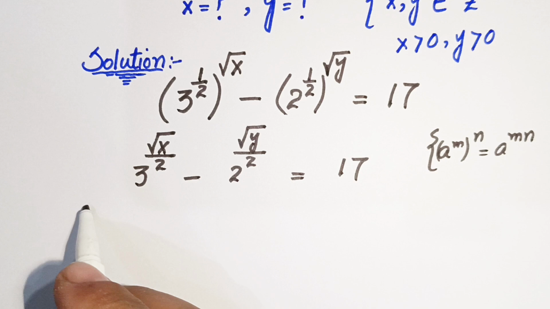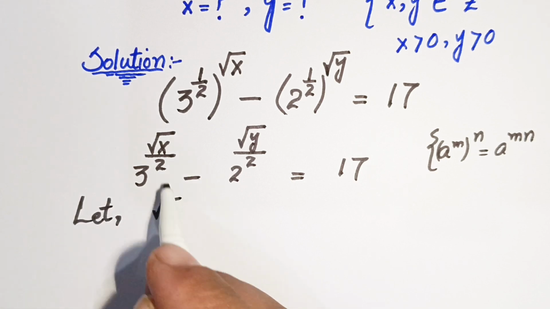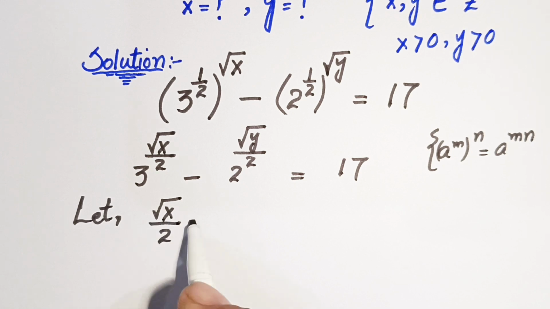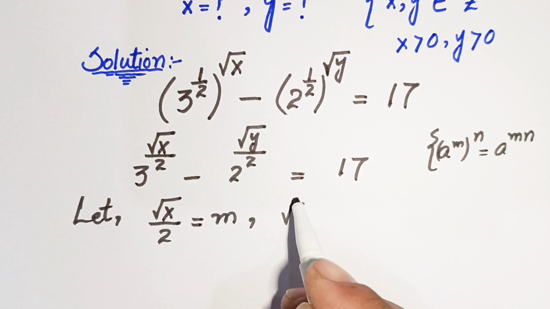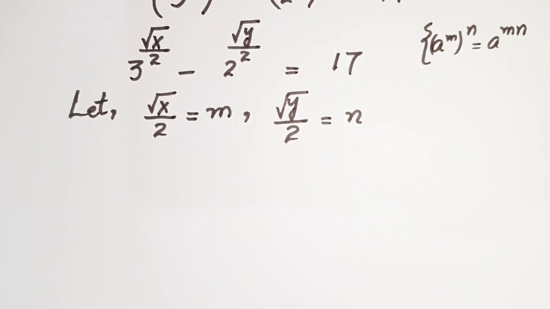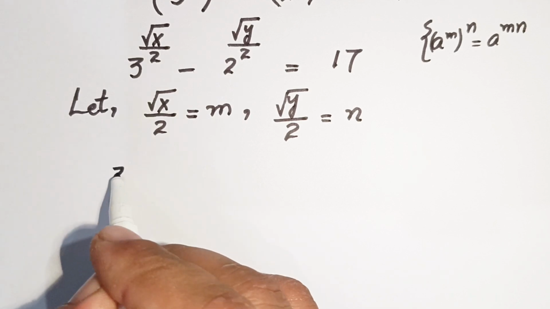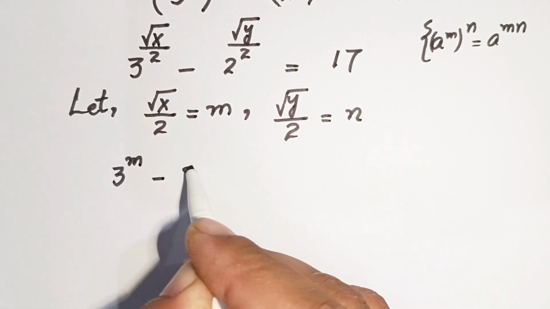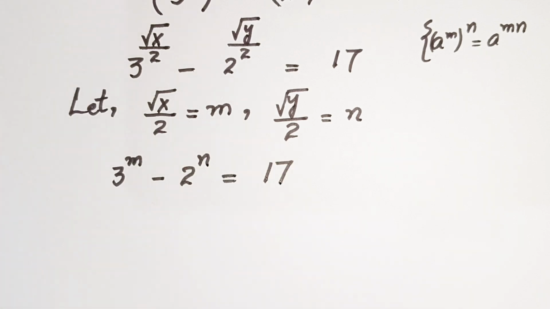Now let us suppose that √x over 2 is equal to m, and √y over 2 is equal to n. Substituting the values of m and n, we write 3^m − 2^n = 17.